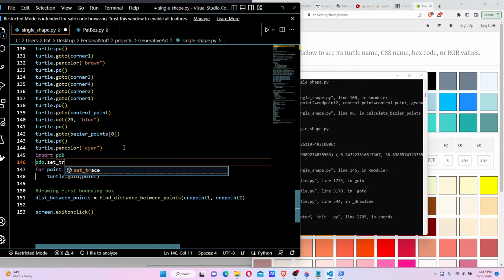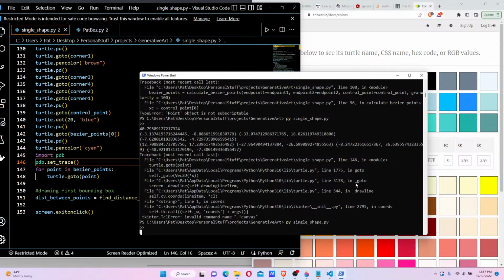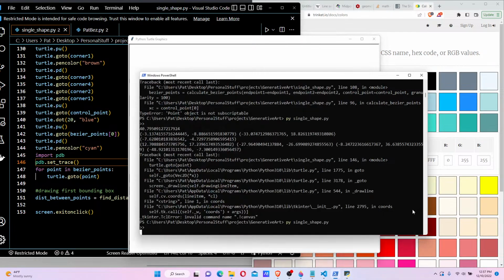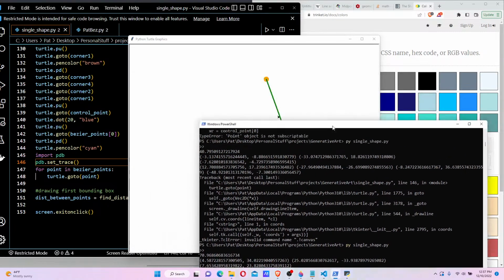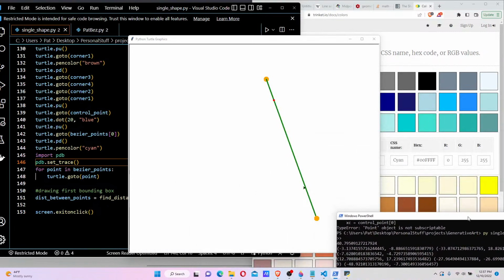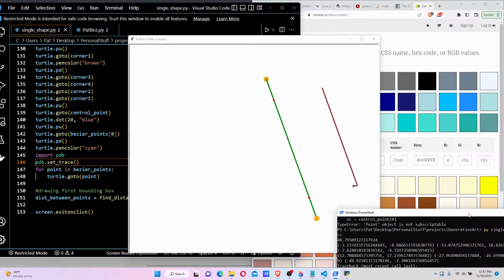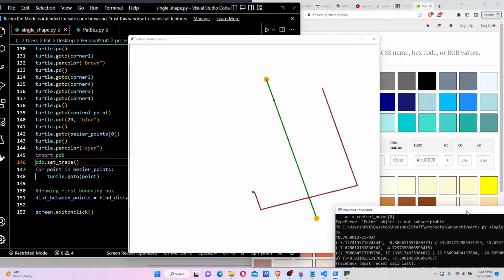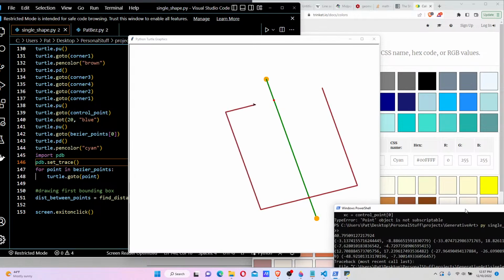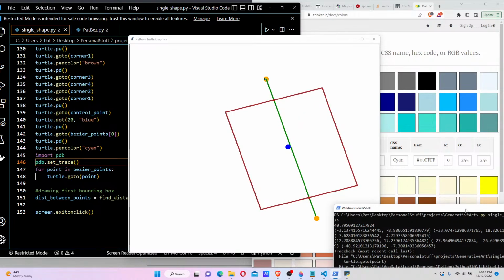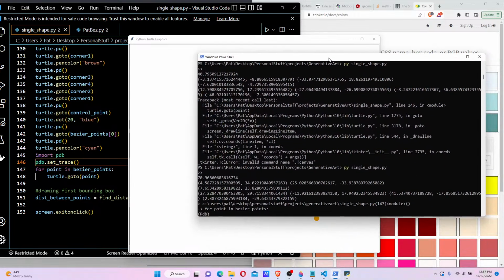Okay, so something's wrong with the points I'm trying to plot. I'm going to try to go in and look at the points, see what they look like. Now I gotta wait for it to draw. Okay, now it's gonna make the bounding box, and then draw the control point.